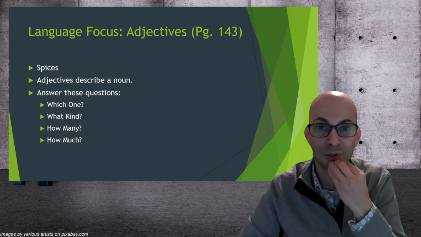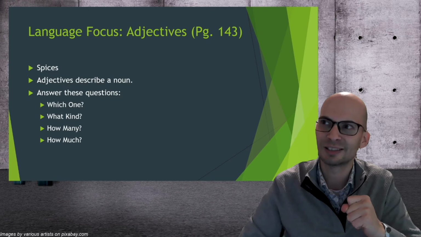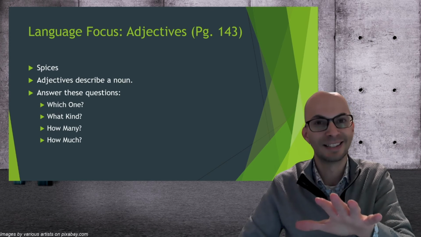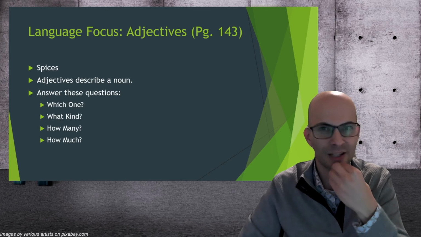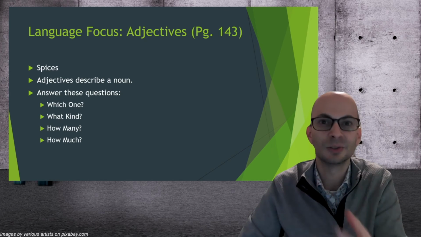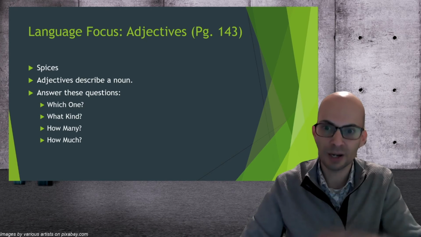Oh, that would be so dry, right? Can you imagine eating a cake without any sugar? Man, that would be weird, right? We need some different things to add flavor to it. And that's what adjectives do to our writing.